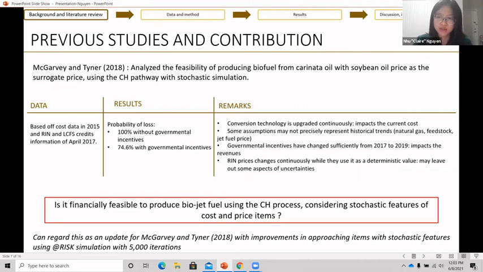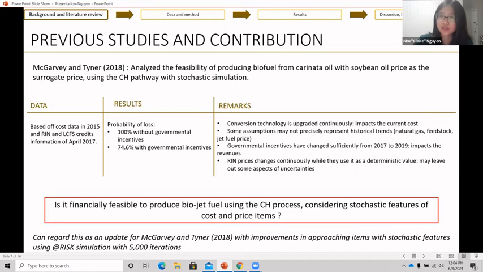And so in our study, we addressed some points that they haven't addressed in a very suitable way. So first, the conversion technology is upgraded continuously, and so that may impact the cost and the results. And so our study uses the most up-to-date technology data. The second, there are some assumptions that they make that may not precisely represent the historical trends.